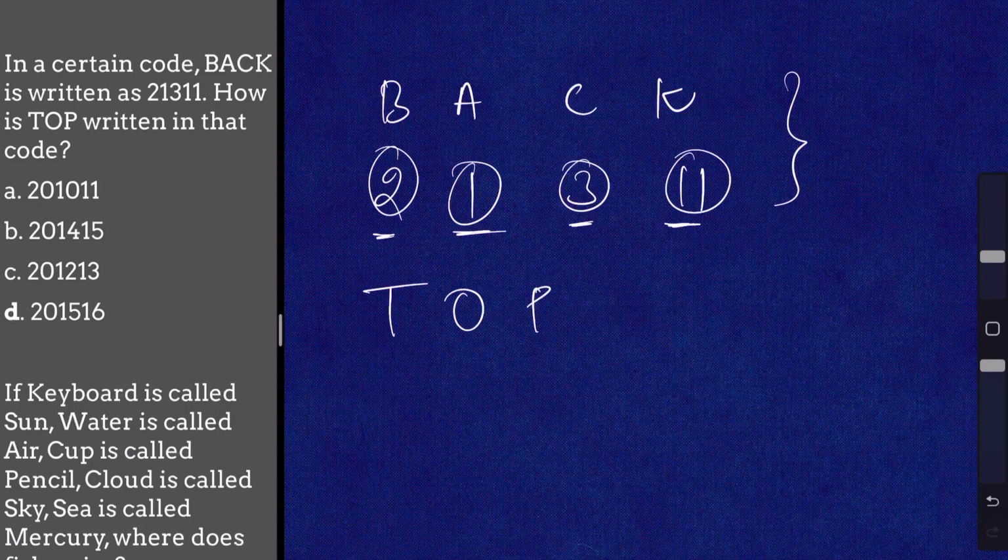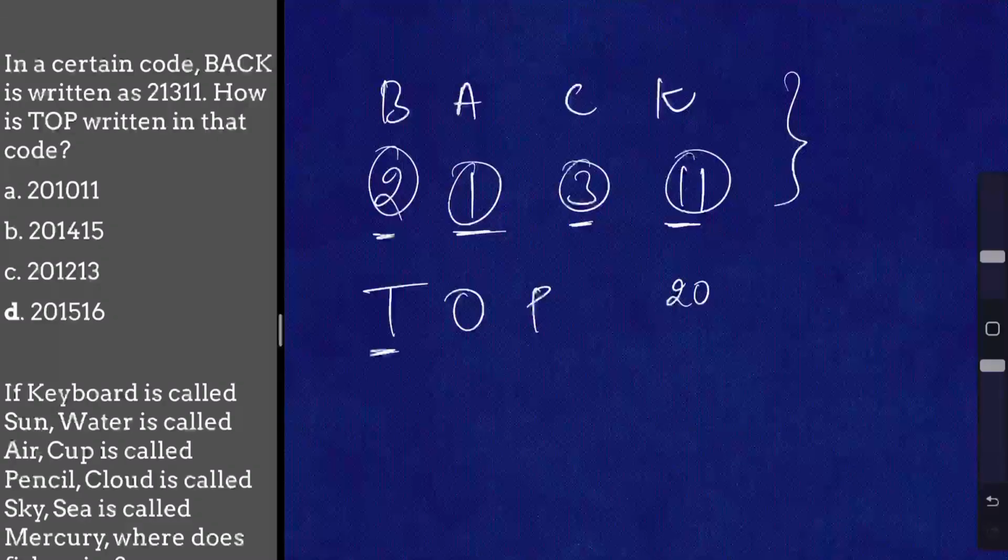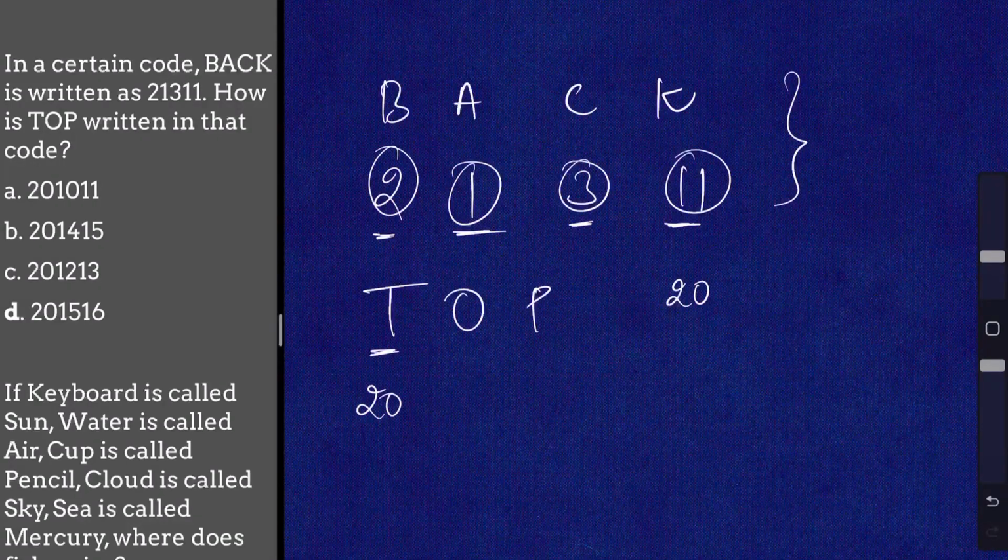Again we'll have to check the order of letter T. If you look at the options, everything starts with 20. So obviously you can make out that T would be the 20th letter in the alphabet. Now the next letter is O. We'll have to check the order in which O appears.